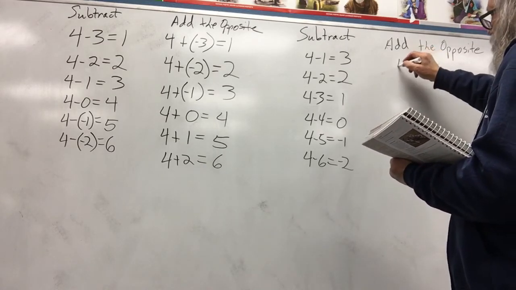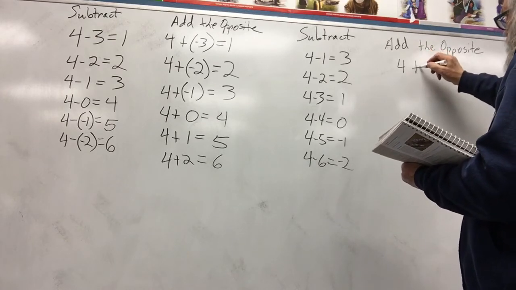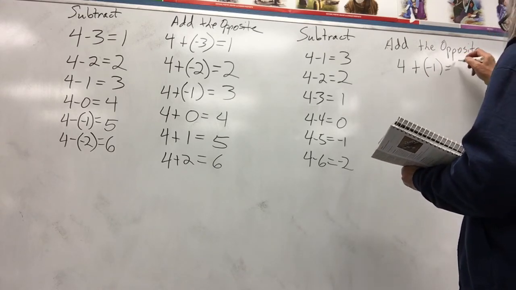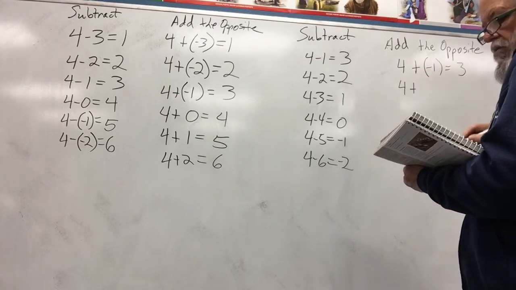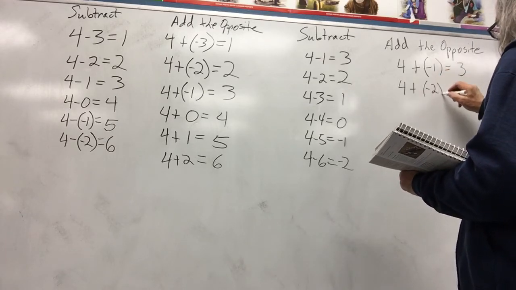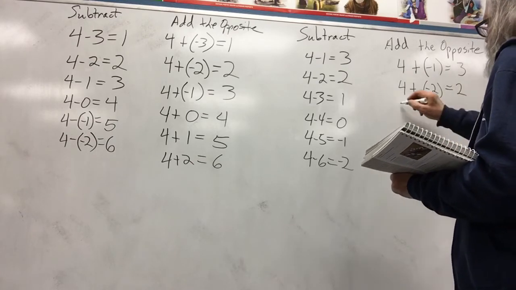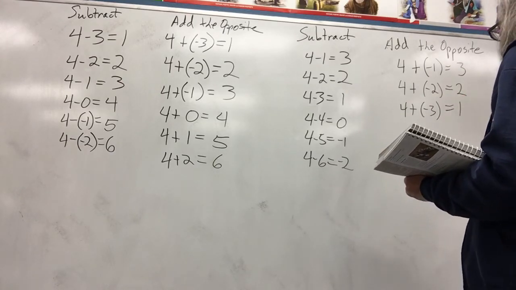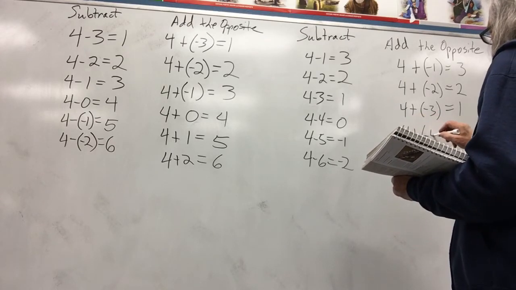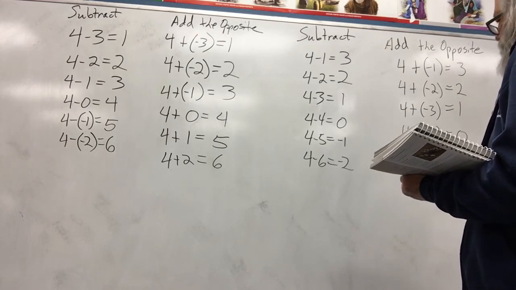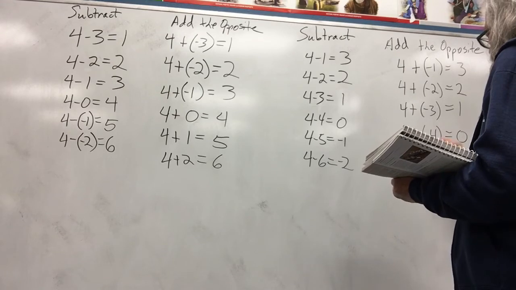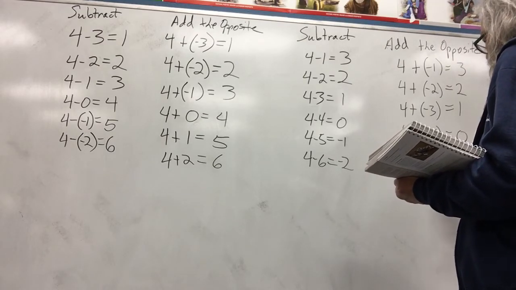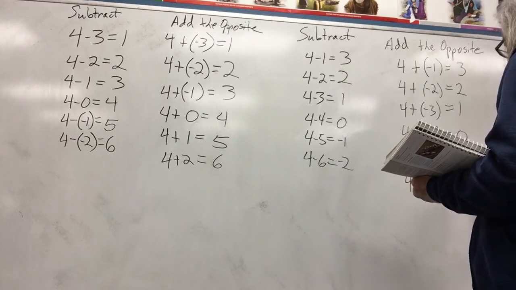And so here we're doing 4 plus a negative 1. 4 plus a negative 1 is going to be 3. 4 plus a negative 2 is going to be 2. 4 plus a negative 3 is going to be 1. 4 plus a negative 4 is going to be 0. 4 plus a negative 5 is going to be negative 1. 4 plus a negative 6 is going to be negative 2.